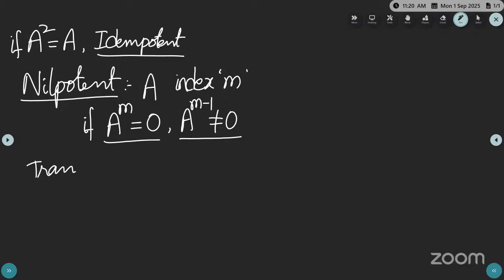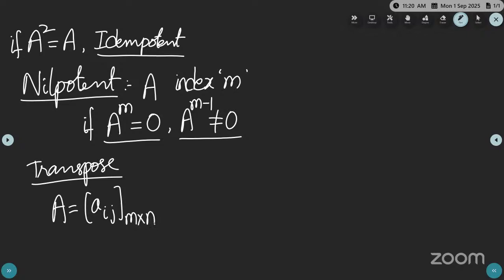Transpose of a matrix. A matrix capital A of order m by n is given.